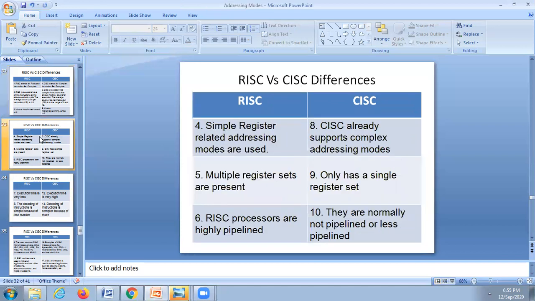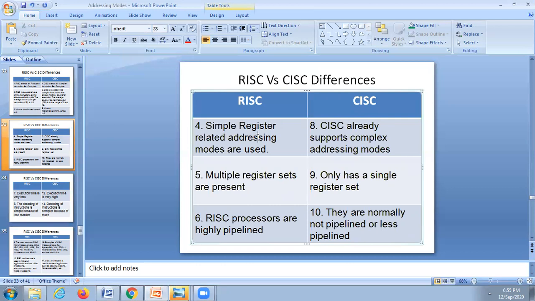In addition to this, the next one is that simple register related addressing modes are used. I already told you that. The majority of the instructions in a RISC processor use register related addressing modes only, not memory related addressing modes, whereas in CISC processors, some instructions use memory references or memory addressing modes.